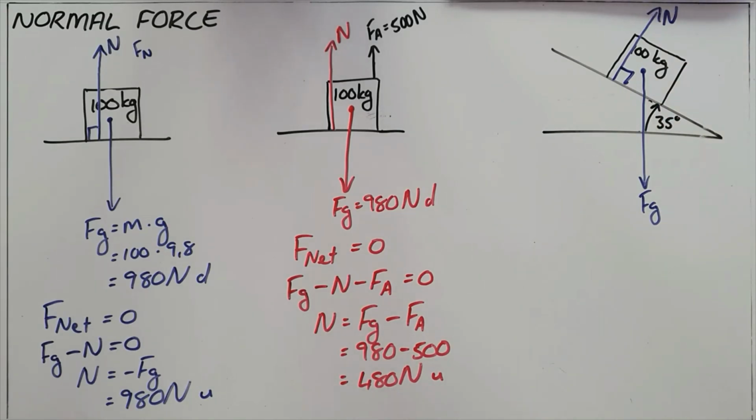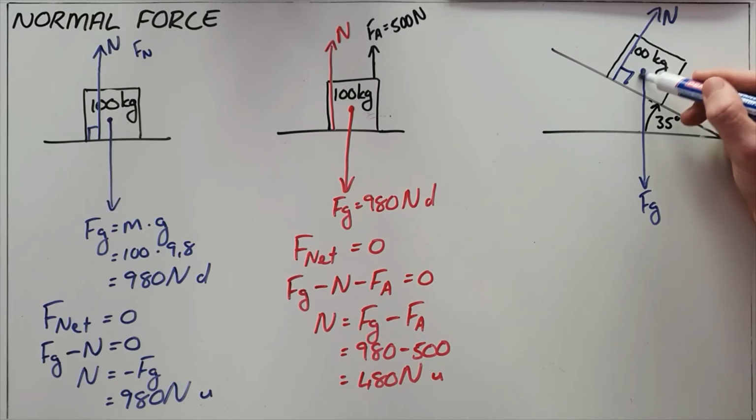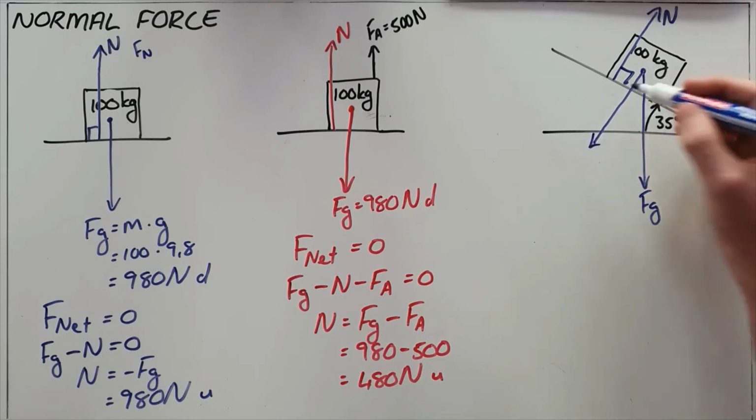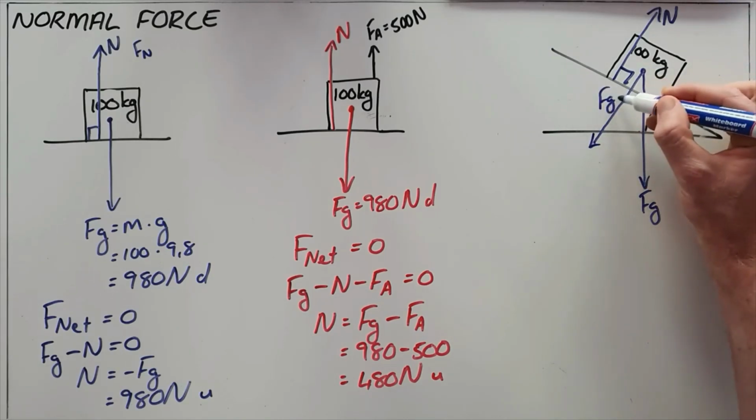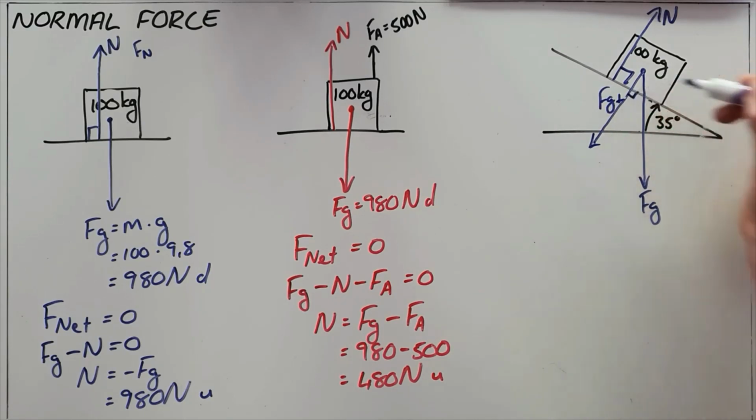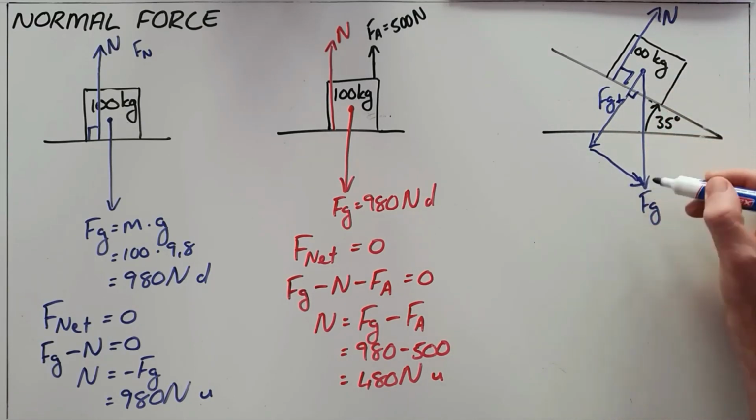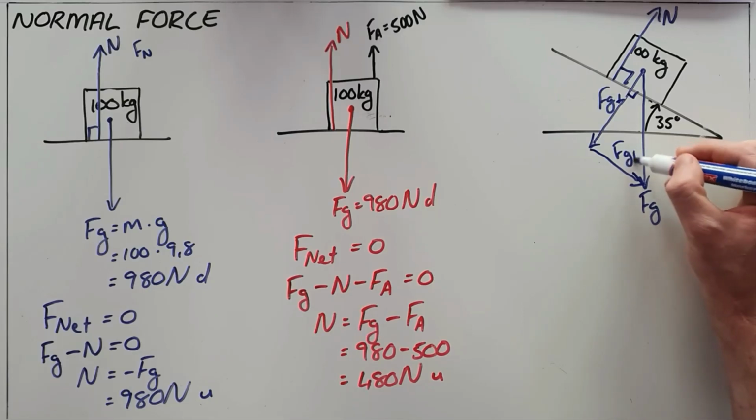In order then to calculate the value for that normal force, we need to find the component of gravity that acts opposite or perpendicular to that surface. We do that by resolving the gravitational force into its two components, Fg perpendicular because it is perpendicular to the surface, and Fg parallel, which is not necessary at the moment.